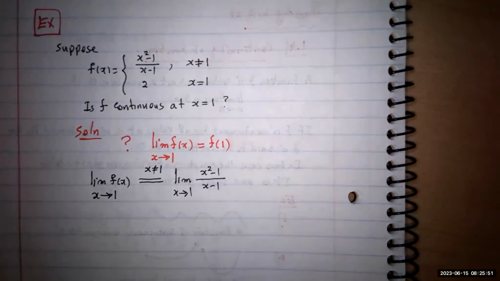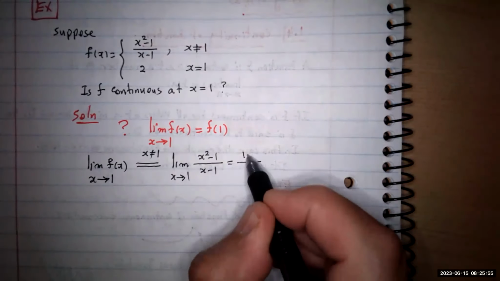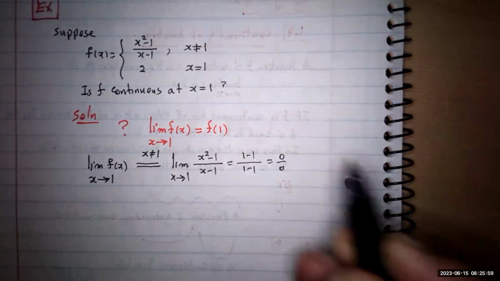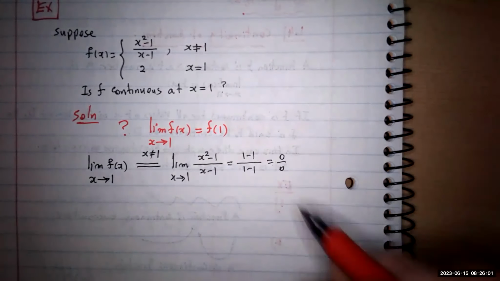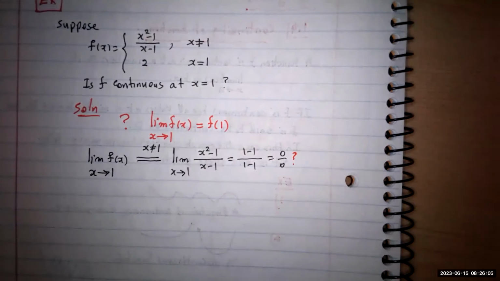Now you have to find this limit. Direct substitution, if you put the 1, that gives 1 minus 1 over 1 minus 1, which gives you 0 over 0. What's the message for 0 over 0? It's an indeterminate form, so more work is needed. So you know that there is a common factor.